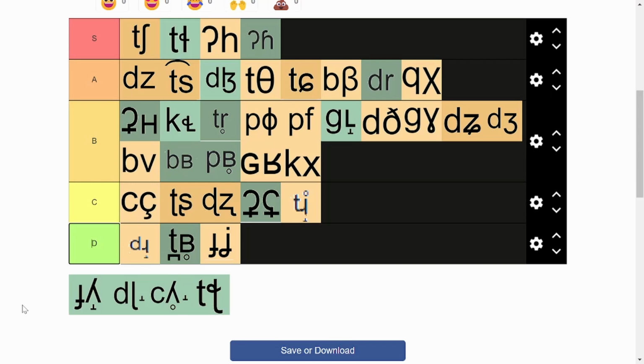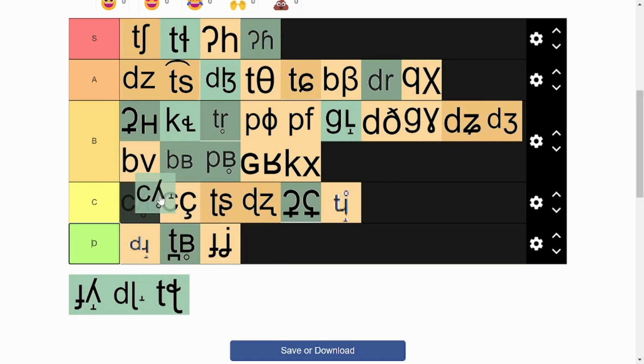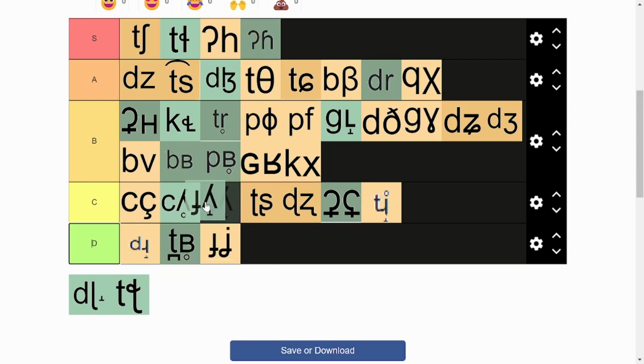Yeah, I could see that working. It's like a C tier. I feel like they are harder to say, and I don't like them as much as the velar ones, even though I'm not the biggest fan of the velar ones either. I like cha the same as sla, sta, and zla. I put them like this.